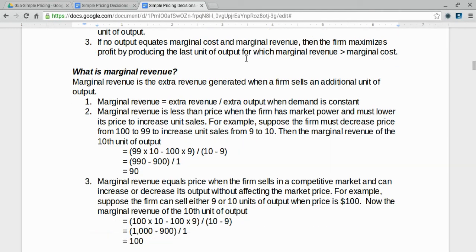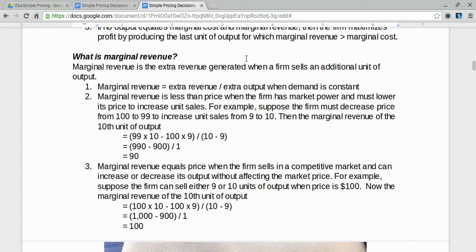Now, marginal revenue is the extra revenue generated when a firm sells an additional unit of output. We calculate this by taking the extra revenue and dividing by the extra output when demand is constant. Marginal revenue is less than price when the firm has market power and must lower its price to increase unit sales. For example, suppose a firm must decrease price from $100 to $99 to increase unit sales from 9 to 10.